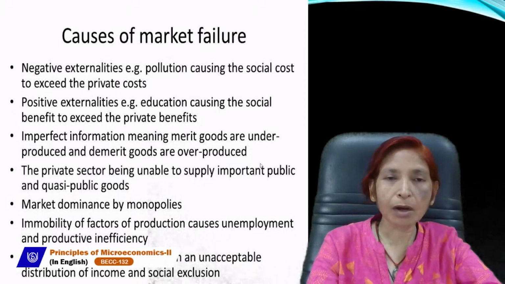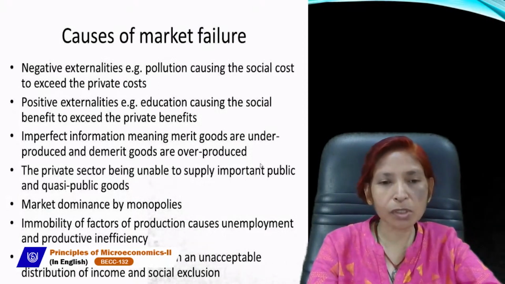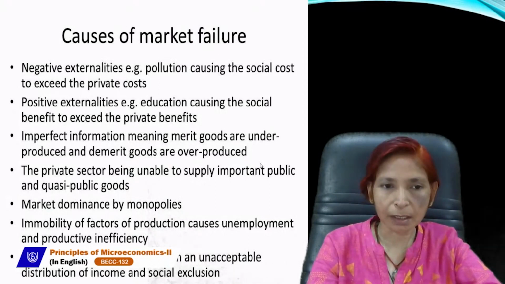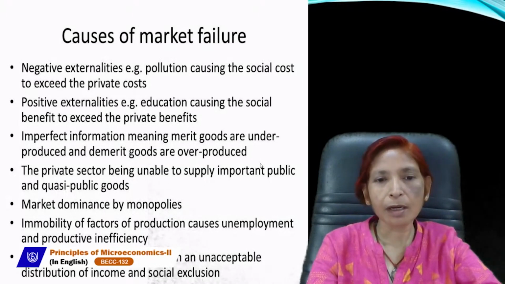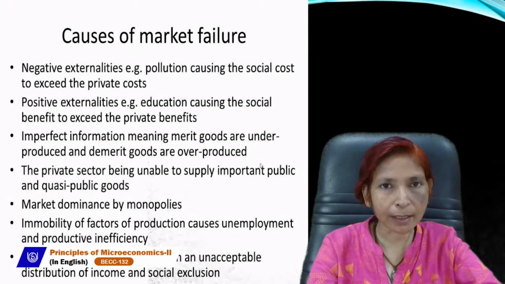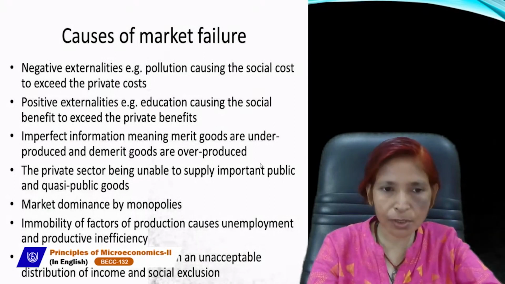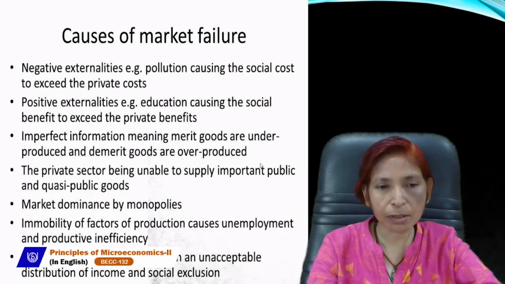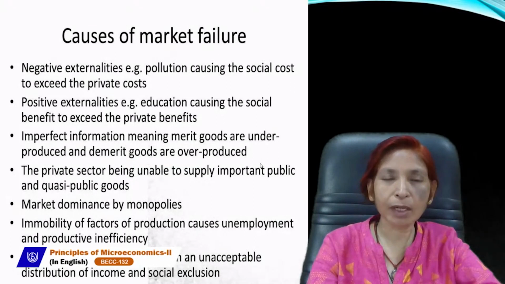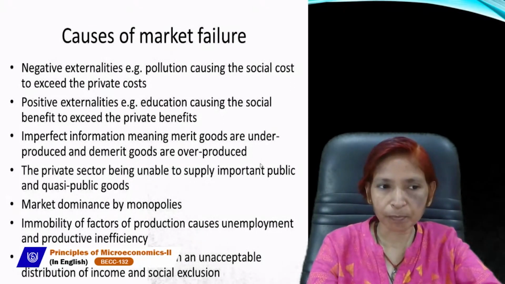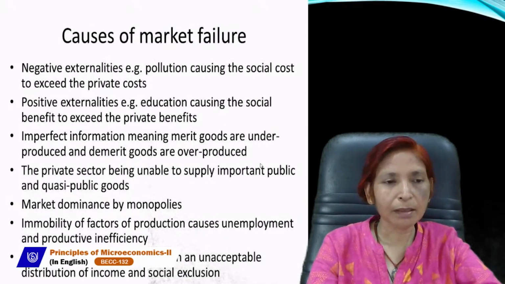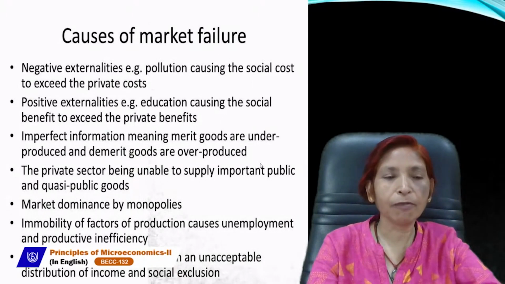A commodity which is very useful for everybody, if that type of good is produced in a smaller quantity, and the harmful, inferior or lower quality goods, which are called demerit goods, are produced in our economy in a large quantity, that creates the problem of imperfect information.